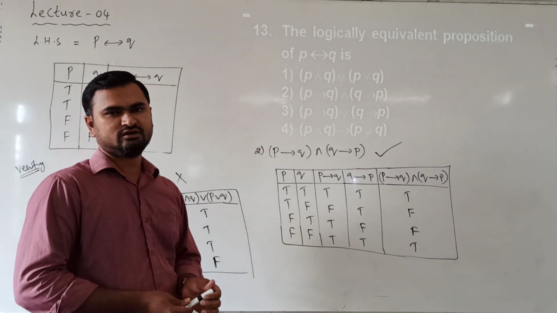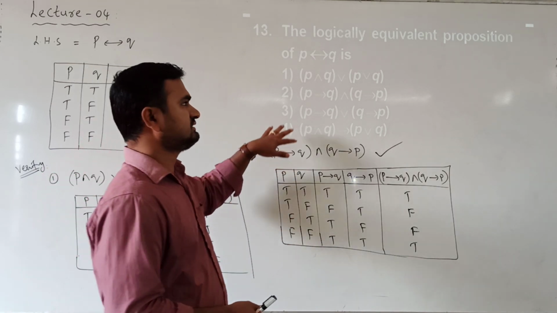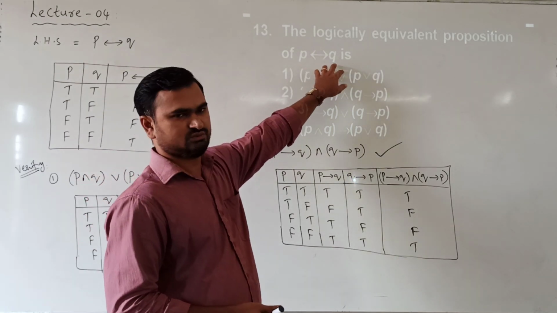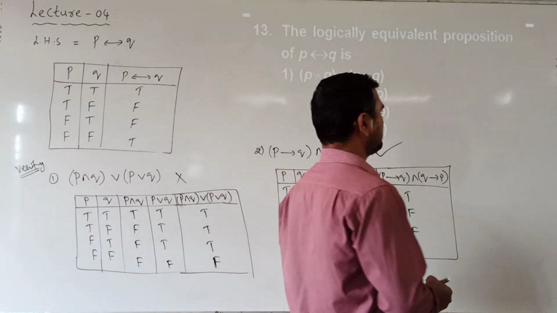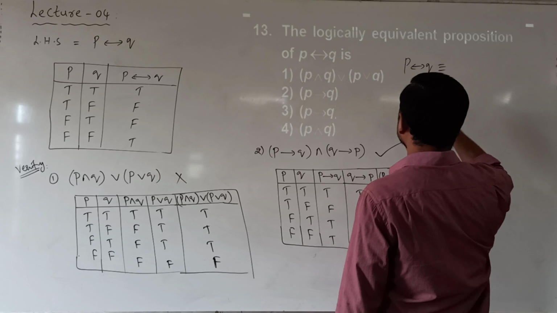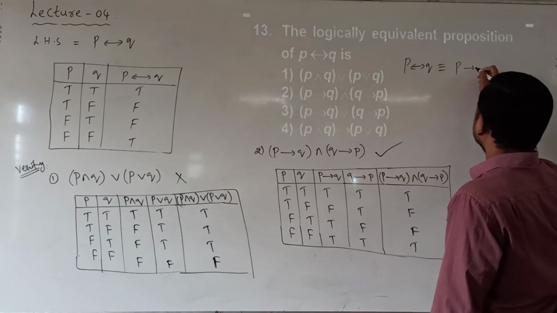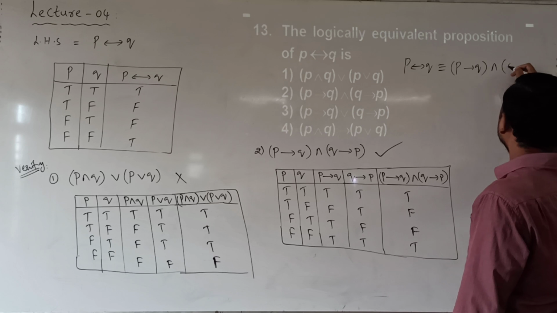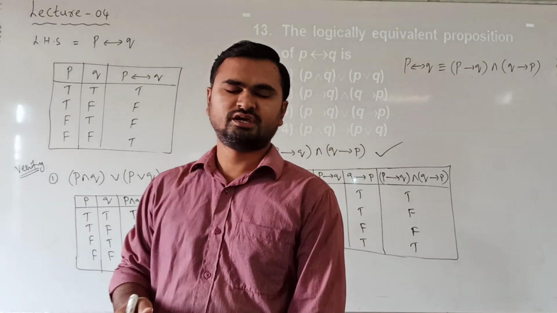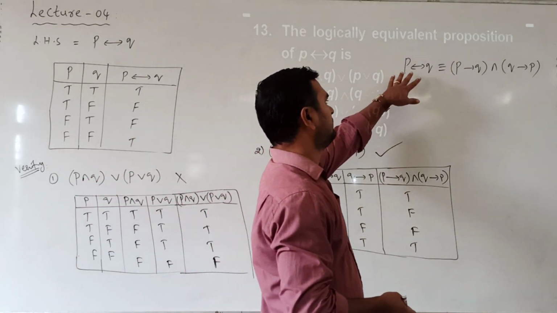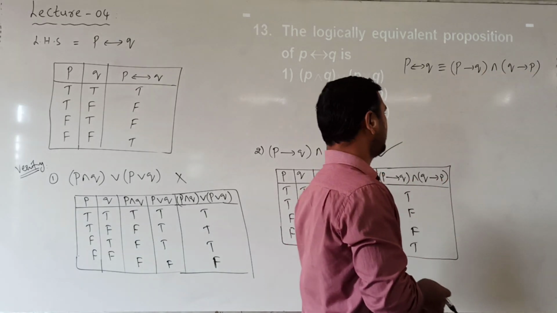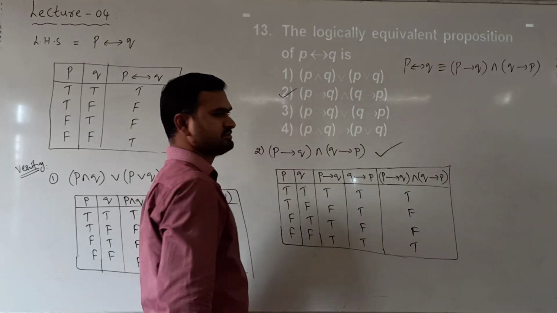For some questions we can solve by another method, using the formulas we studied. Here, P double implies Q: we already studied its formula, P double implies Q is logically equivalent to P implies Q and Q implies P. If you remember that formula, we can directly go for the second option as the answer.